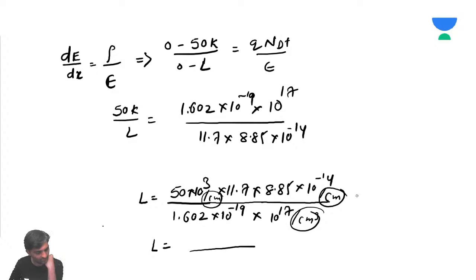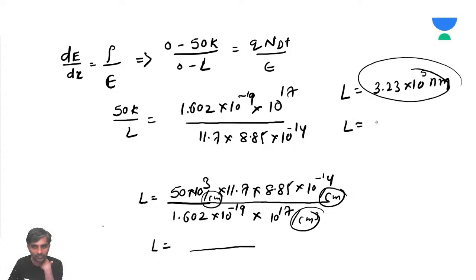Vasu, you got the right answer. Vasu's answer is 3.23 into 10 to the power of 5 nanometers. But we did not convert into centimeters.